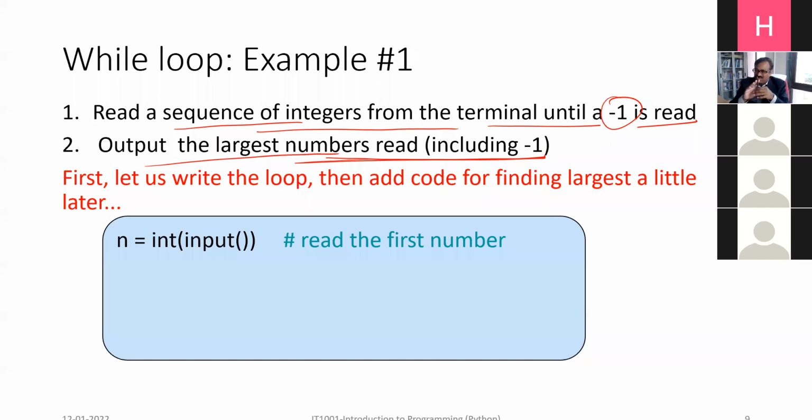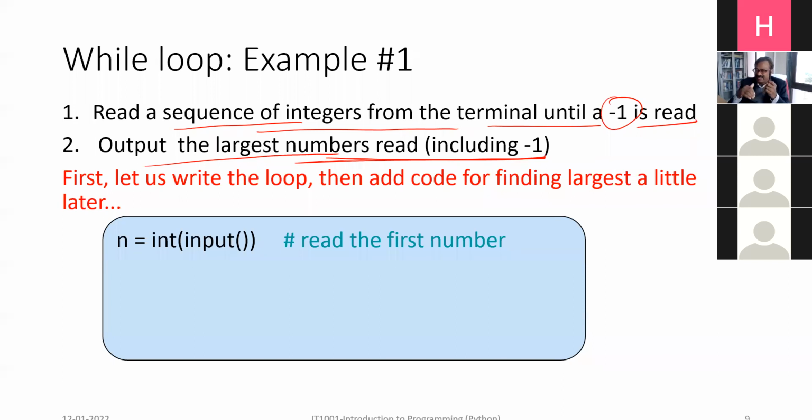So I think the problem is clear. If you analyze this problem scenario, you have to read numbers, and you're not sure how many times you need to read them. As and when -1 is encountered, that is the point where you will stop reading further. Otherwise, you will continue to read.